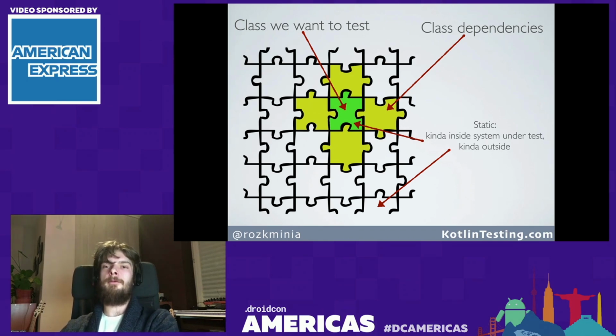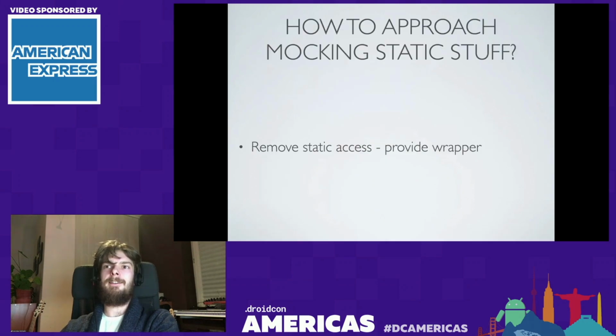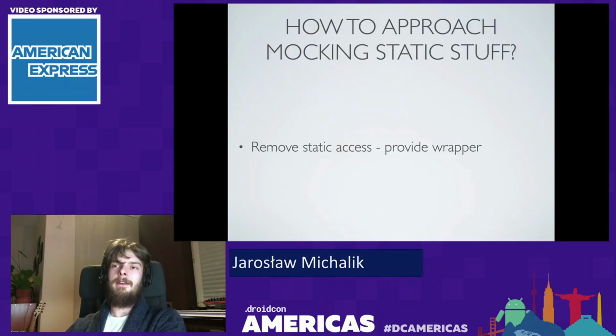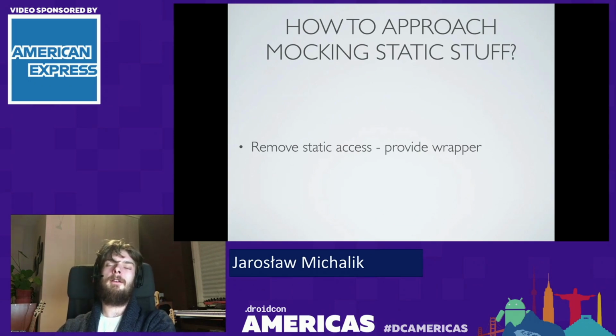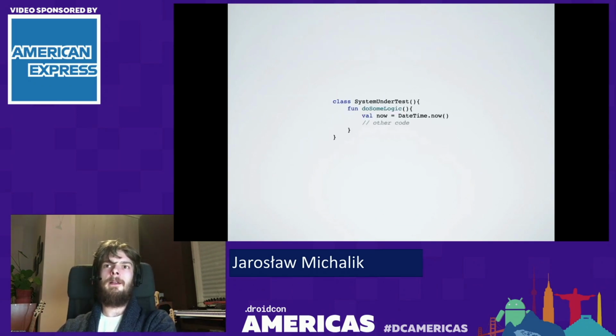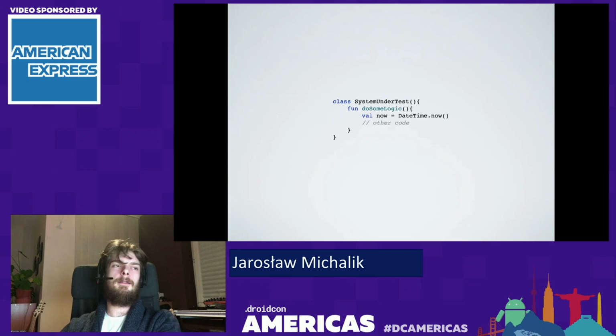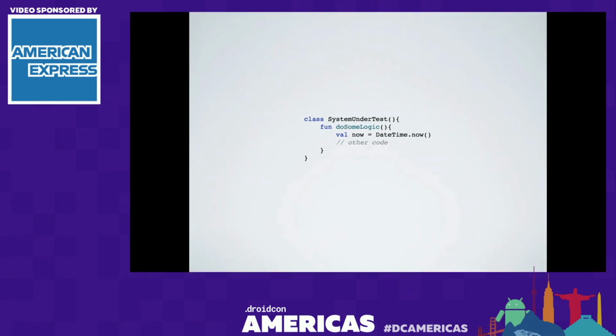So the first approach to handle static access in a test would be to remove static access and provide a wrapper function for that code. Let's suppose that we are using Joda Time in our system under test, and we would like to change the behavior of the DateTime.now function.